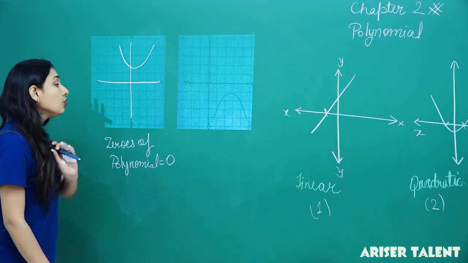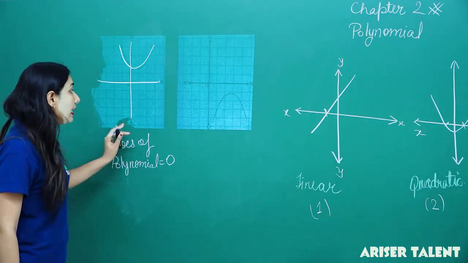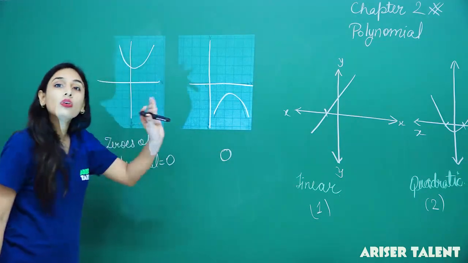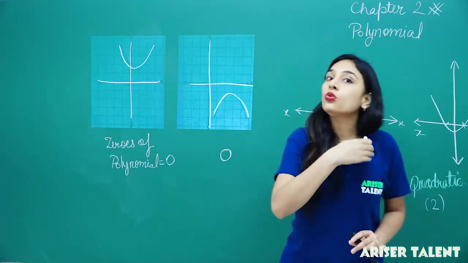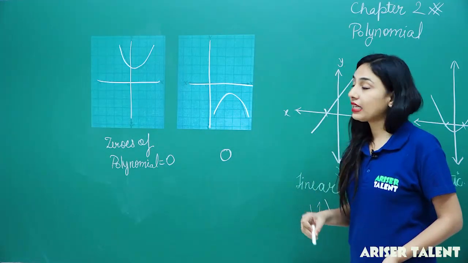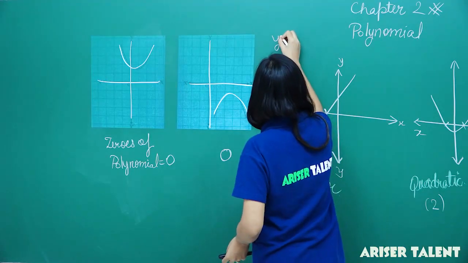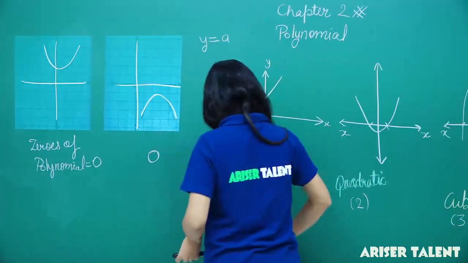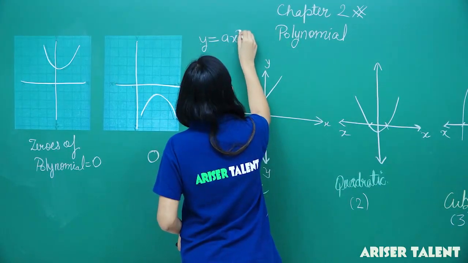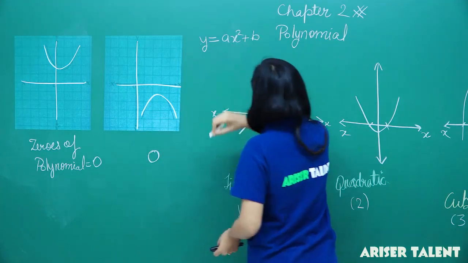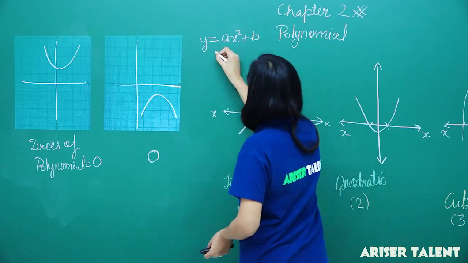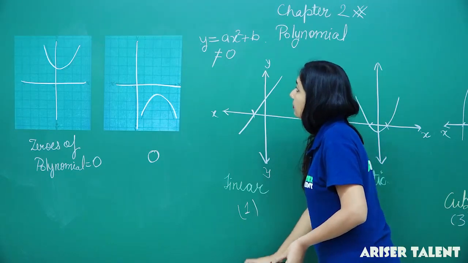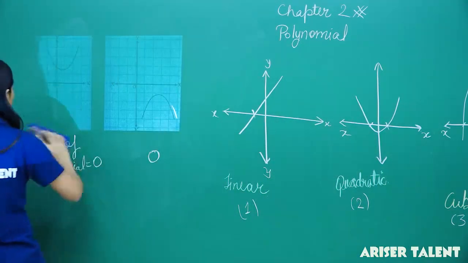We have no zeros of the polynomial in this case, and also in this case. That means no zeros. We cannot have y = ax^2 + b be 0 for any value of x. Understood this one?